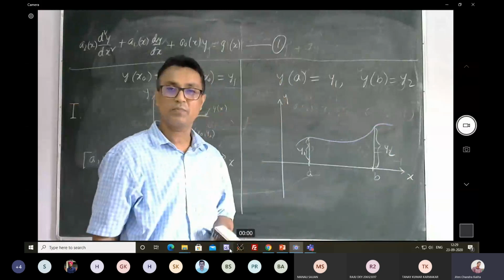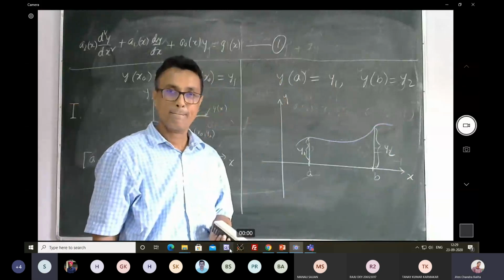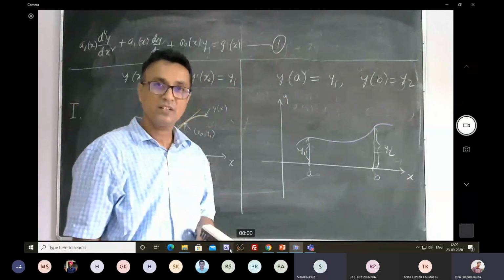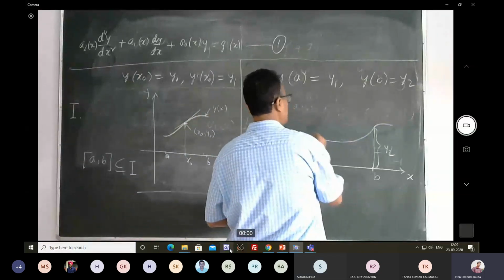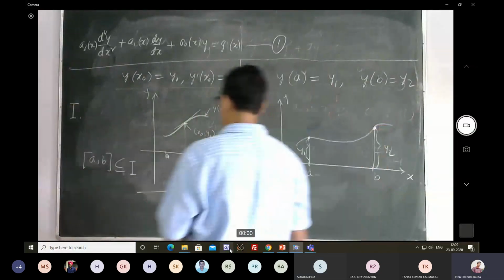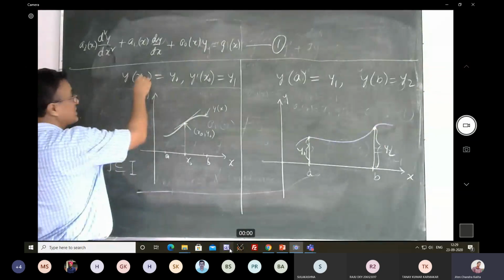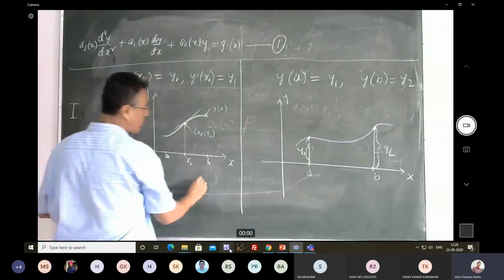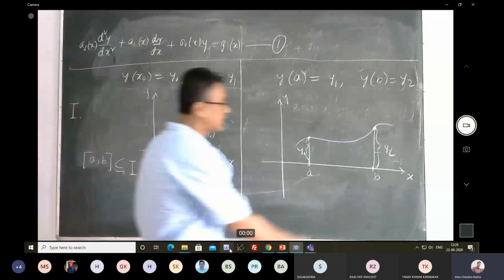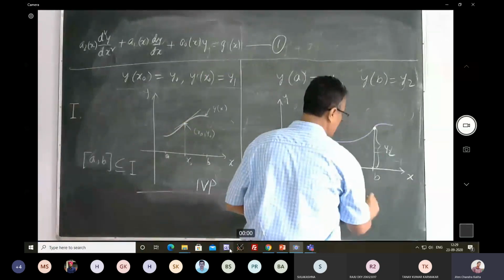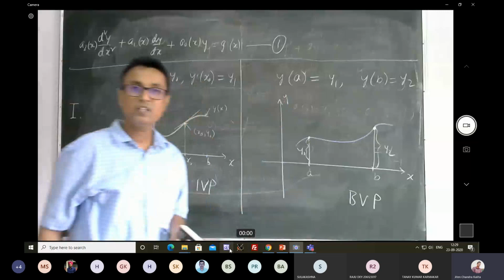Physically, the first is nothing but the description of an initial value problem, and this is the description of a boundary value problem. Is it okay?